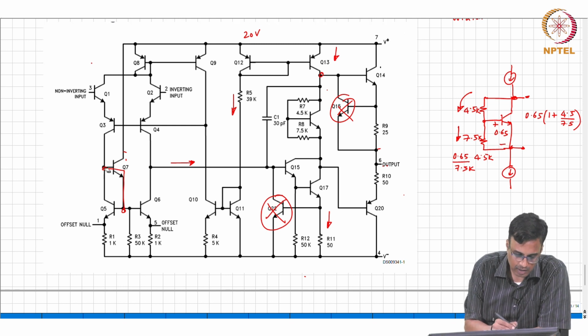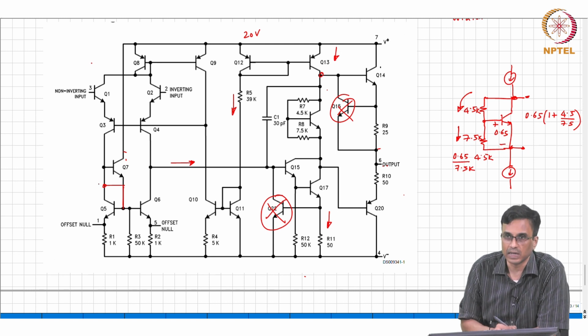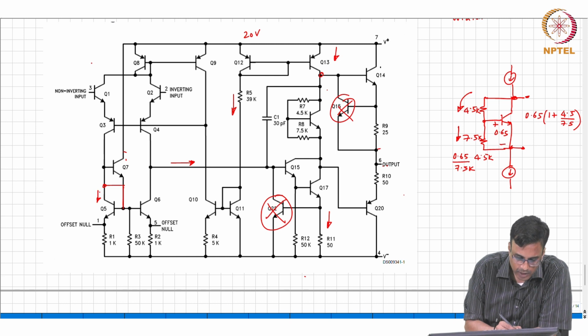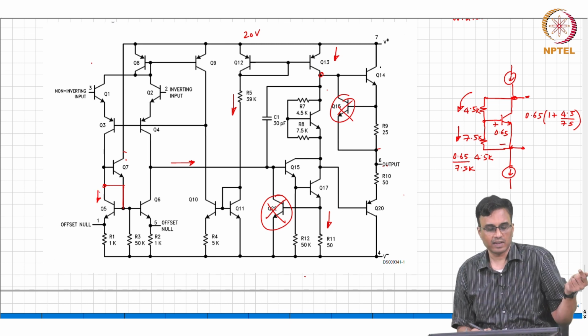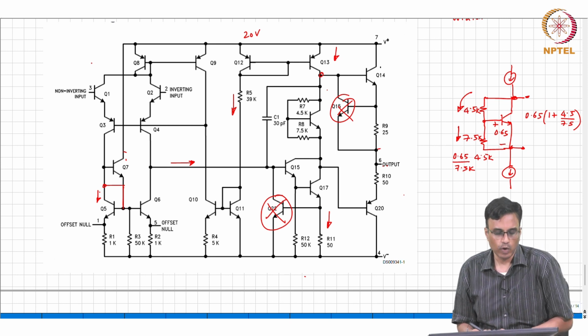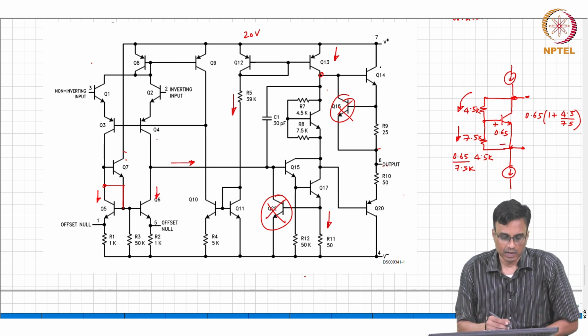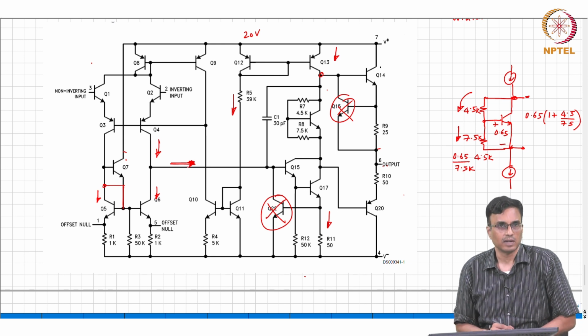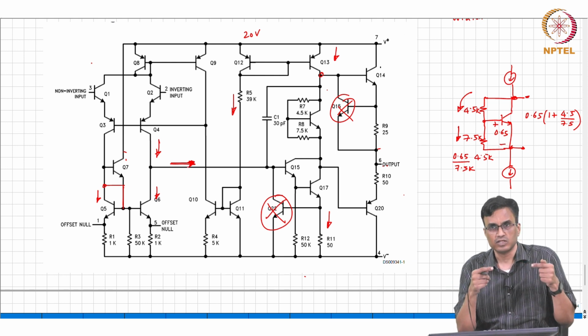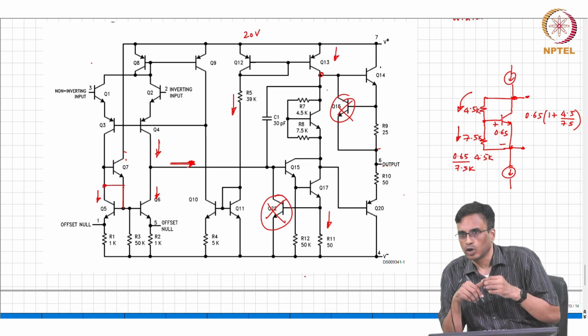So if you simply shorted these two without Q7 being there, then, as we discussed yesterday, you will have two base currents going into the Q5 and Q6 bases. So this current will be smaller, this current will be larger, and net current will flow out even when there is 0 input. That is basically like adding offset to the op amp.